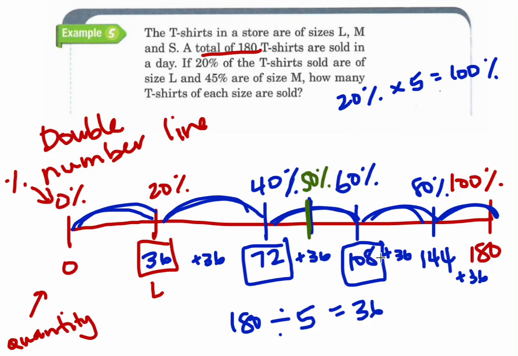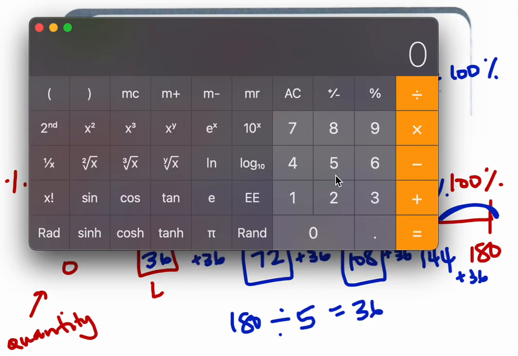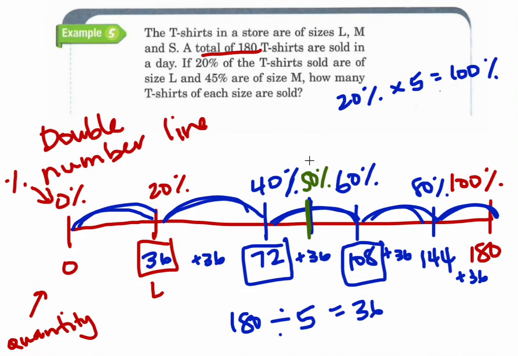So then we would figure out what's halfway between 72 and 108. 108 minus 72 is 36. So then take that divided by 2, that would be 18 plus 72. So it looks like 90 is between 72 and 108. So 50% would be 90 t-shirts.